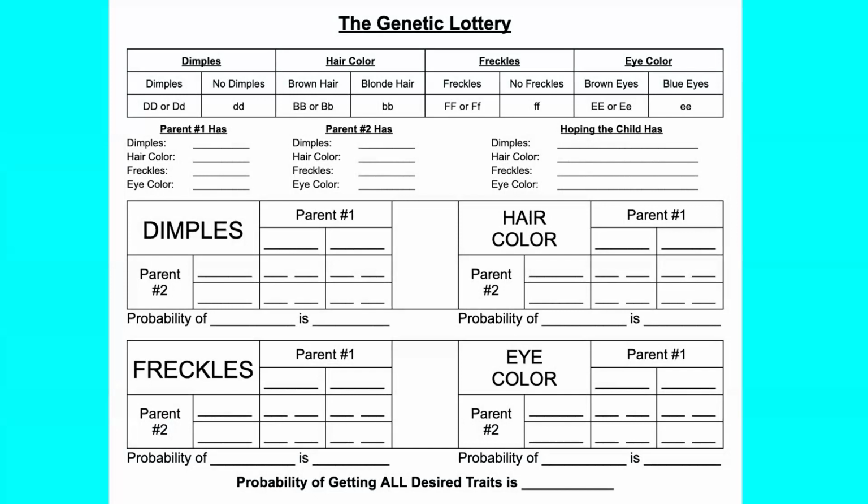At that point, they've got 4 different Punnett squares to do for 4 different traits. They're finding the probability of having each particular trait that they wanted, in that single Punnett square. And then at the end, the probability of getting all of the traits that they want, which is teaching them how to do a double, or in this case, quadruple Punnett square, and touching on those probability concepts that we had looked at before in the practices.